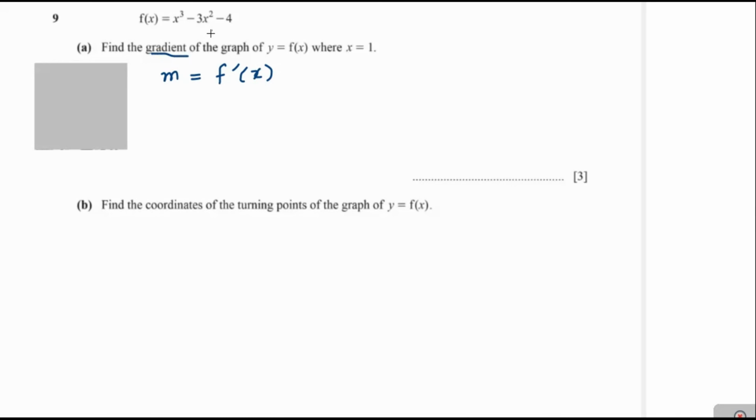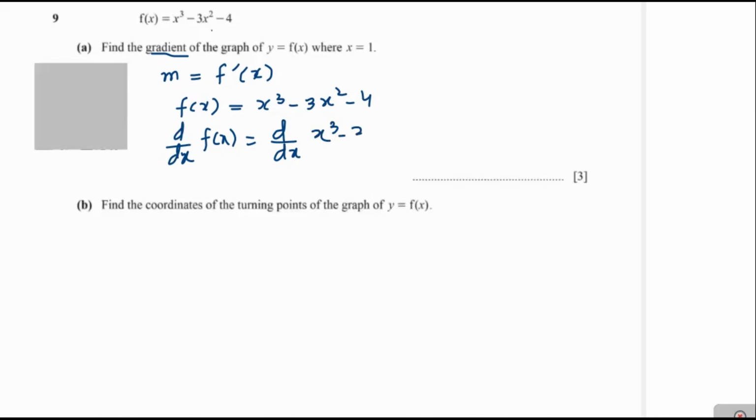Therefore, we take the derivative of this function, d over dx of x cube minus 3x square minus 4.